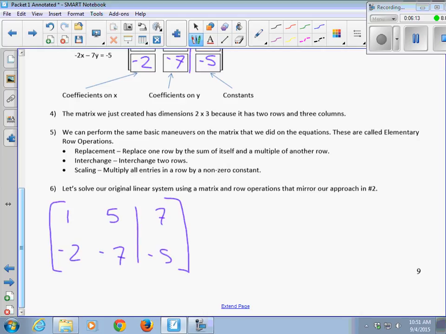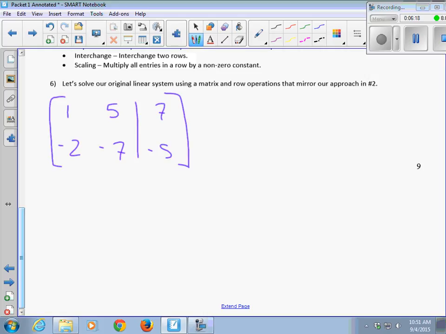Vertical line is optional. It's just to help remind you what this is representing, that the last column is the constants.